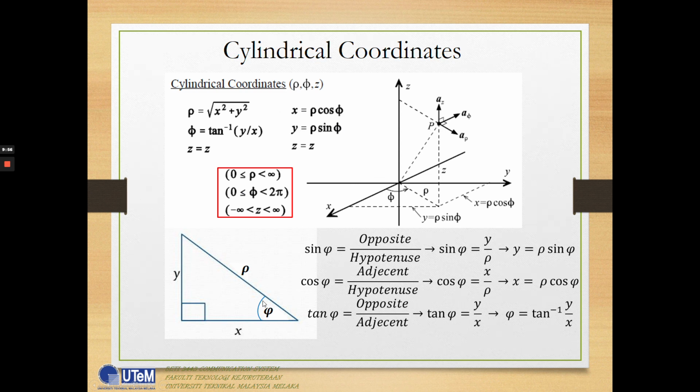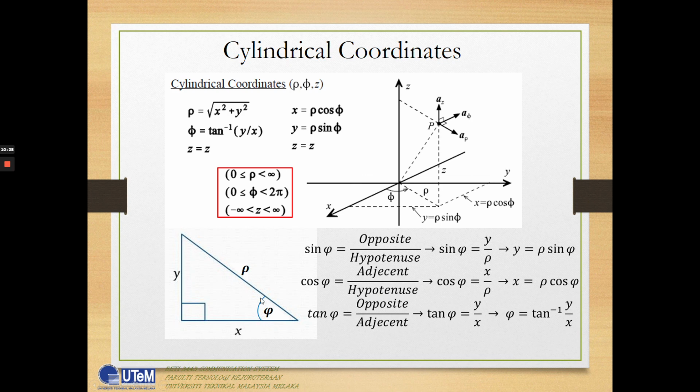How? We know what sine is, right? Sine of phi is equal to this divided by this, which is opposite divided by hypotenuse. So y divided by rho. We multiply with rho, so we get y equal to rho sine phi. Similarly, we get x from cos phi, because this angle is phi, and cos phi is equal to adjacent divided by hypotenuse.